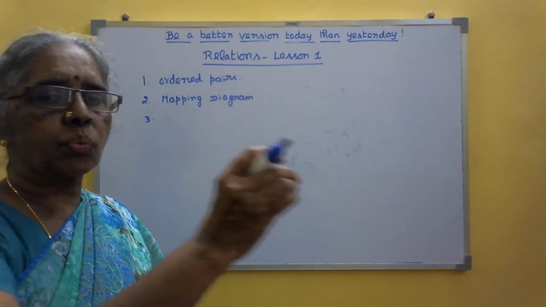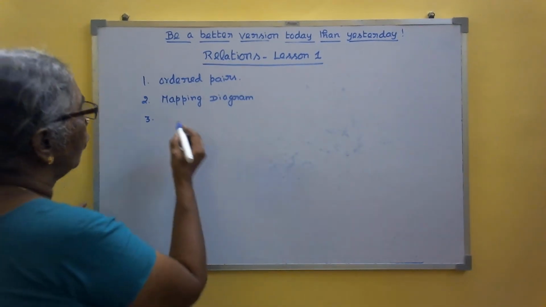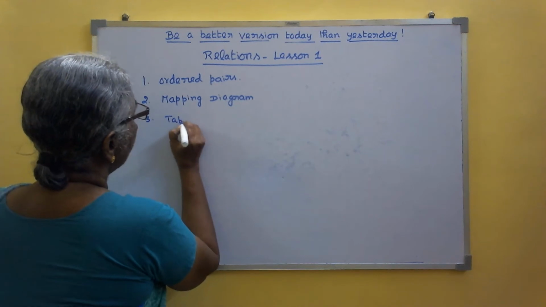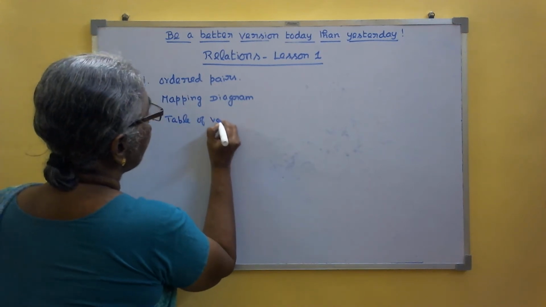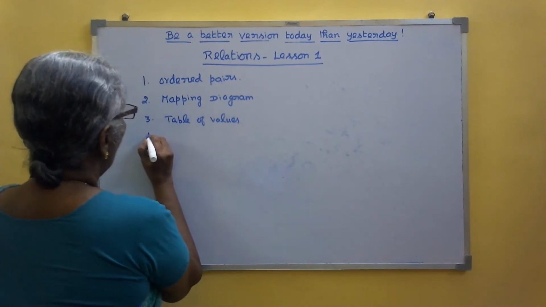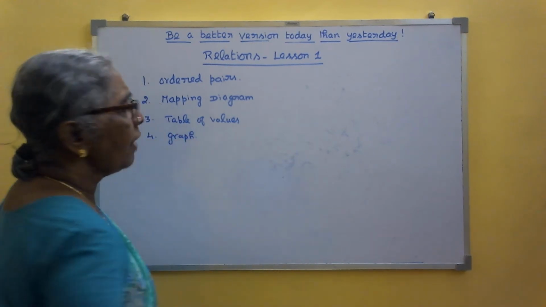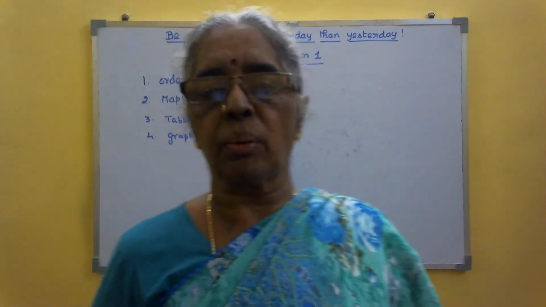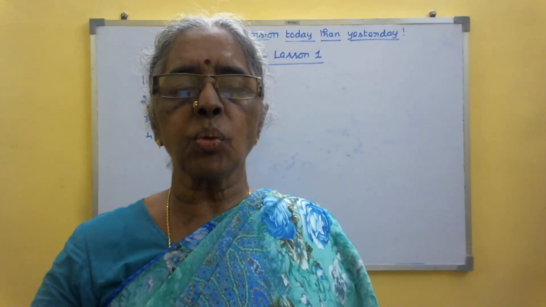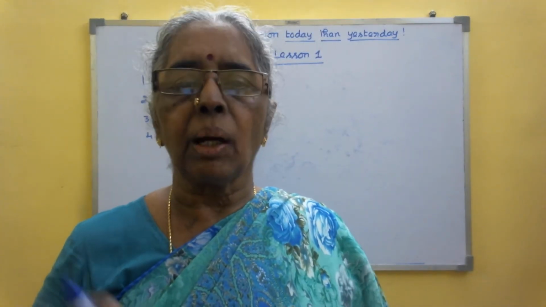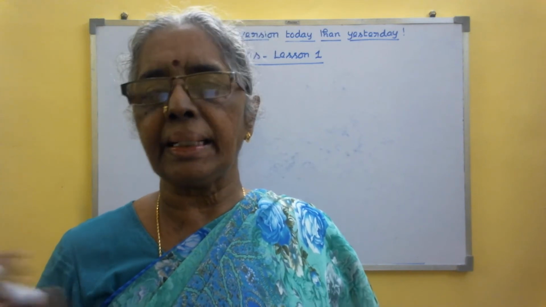You can write some x values and the corresponding y values. The fourth one is you can represent it by a graph. In a graph you can plot the x values and y values. The x values belong to the domain set. The y values belong to the range set.